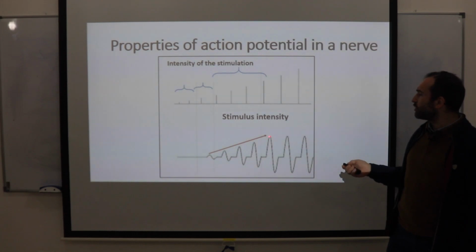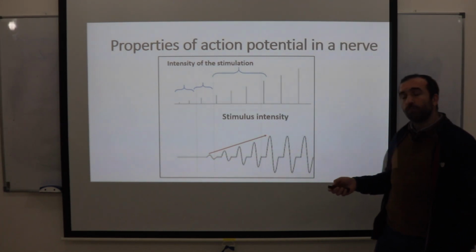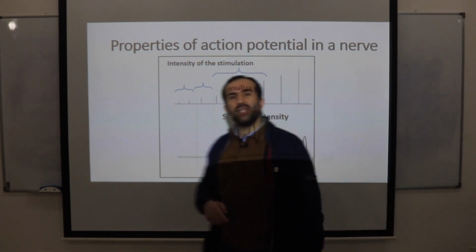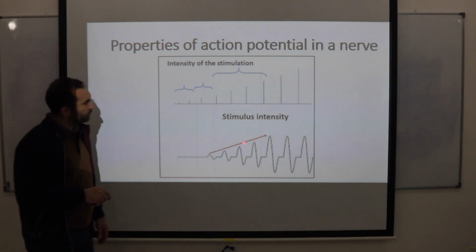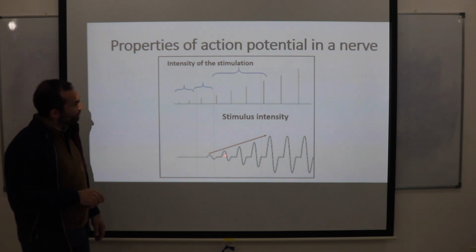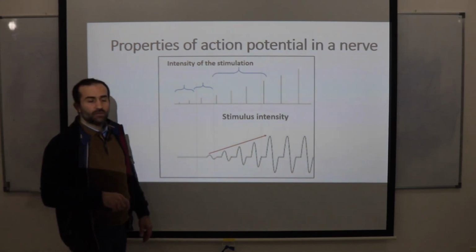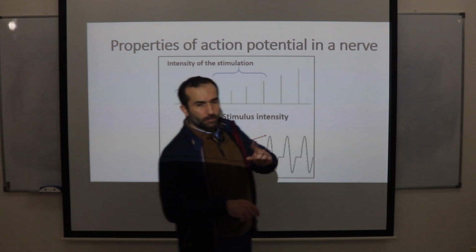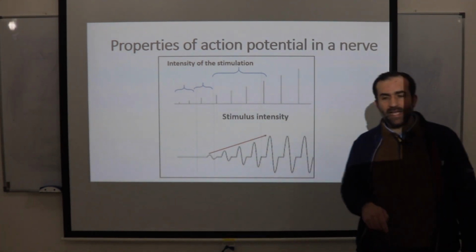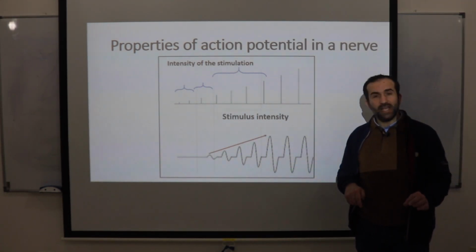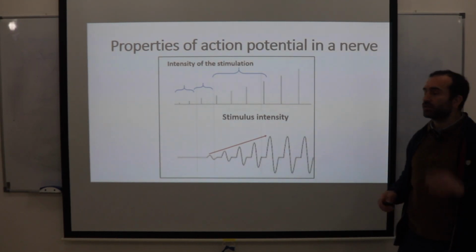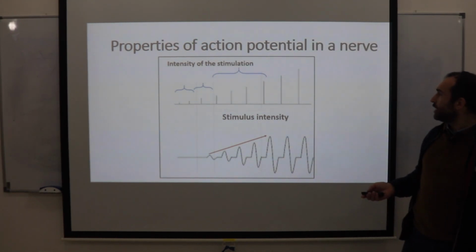We can't observe all or none. We observe many intermediate states of the action potential, which makes us say that the global potential inside the nerve obeys the law of summation, not the law of all or none.